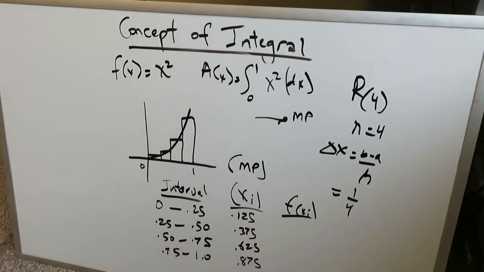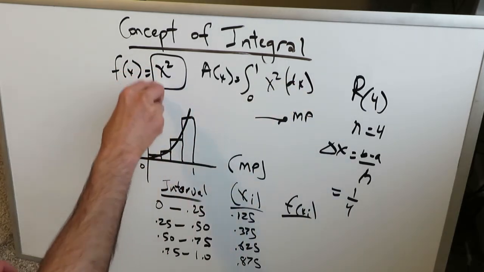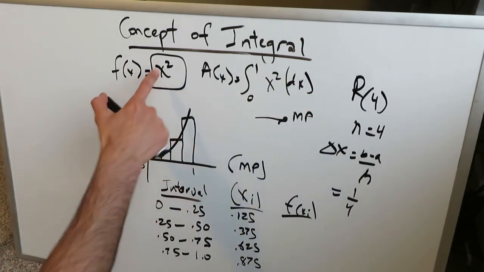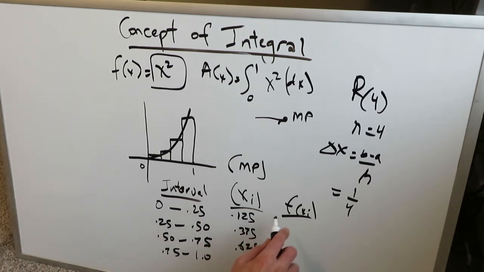Now all you have to do is plug in these values into this function and get a value. What's 0.125 squared? I'm getting 0.015625. Don't do any rounding over here, ideally, otherwise you'll get an inaccurate answer.